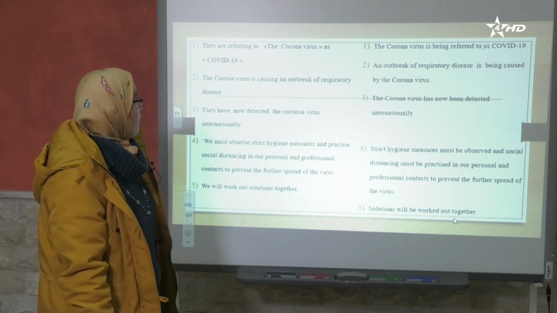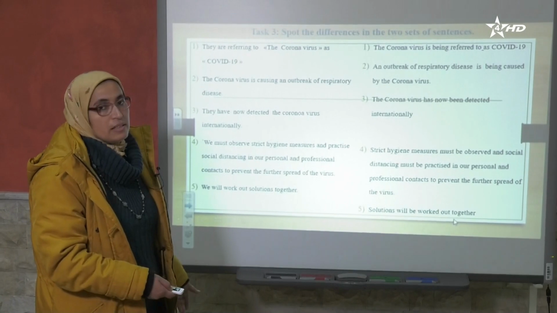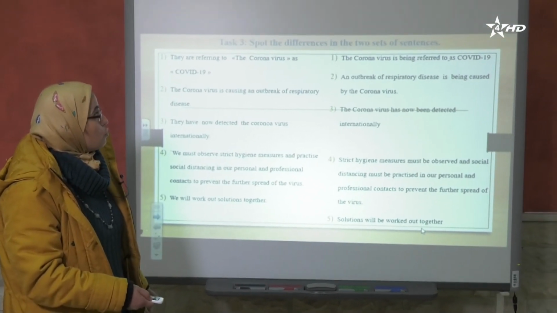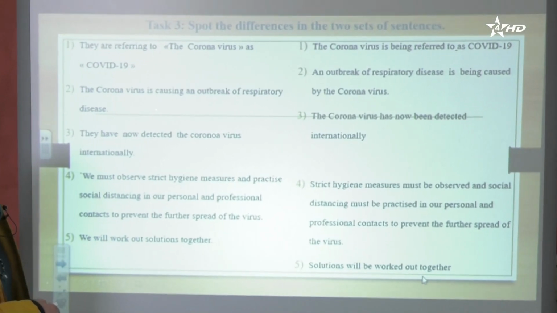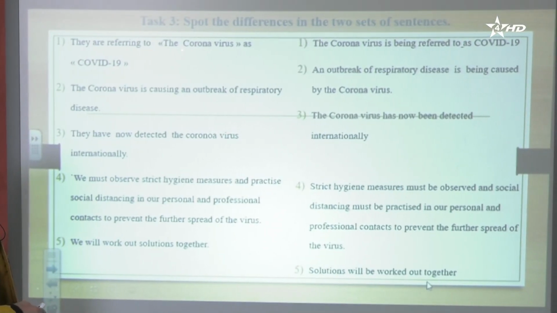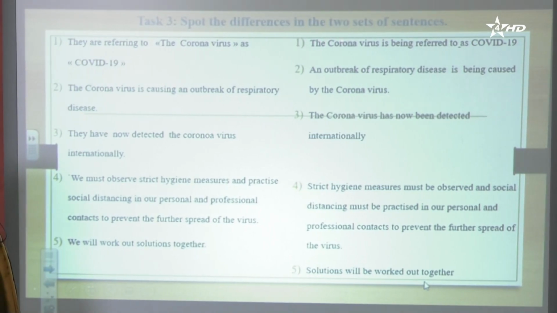Now, let's look at these two sets of sentences or statements to spot the differences between the two. They are referring to the coronavirus as COVID-19. The coronavirus is being referred to as COVID-19. What are the differences between these two sentences?